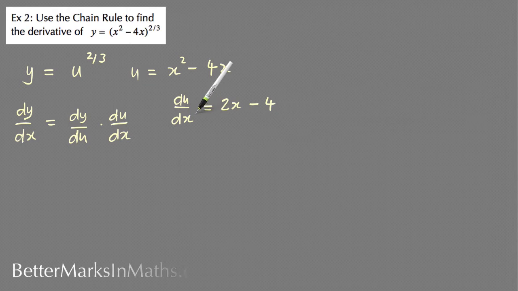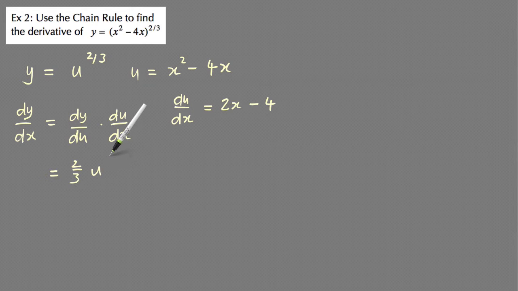Then dy/du, the derivative of this: bring down that power and keep the same base, then minus 1 from that power, and then multiplied by du/dx, which is 2x minus 4.